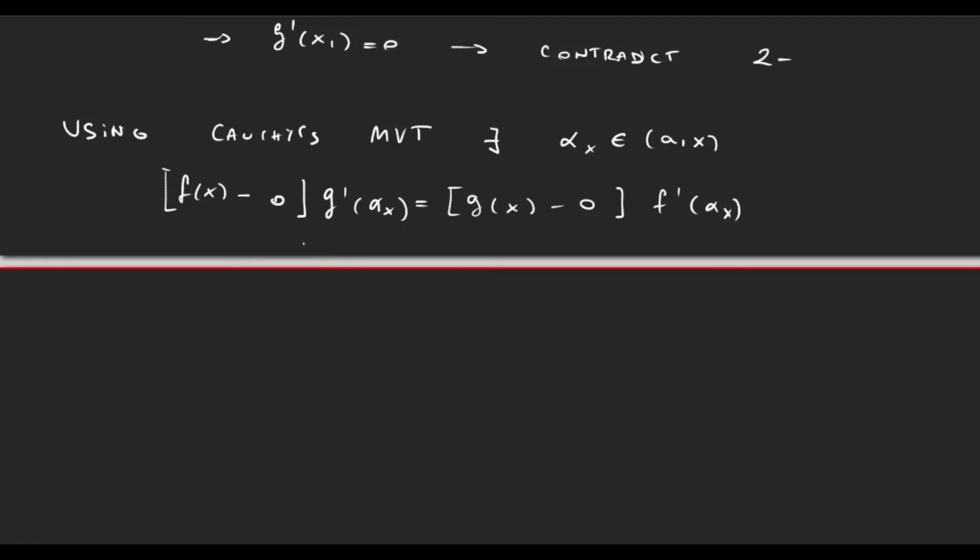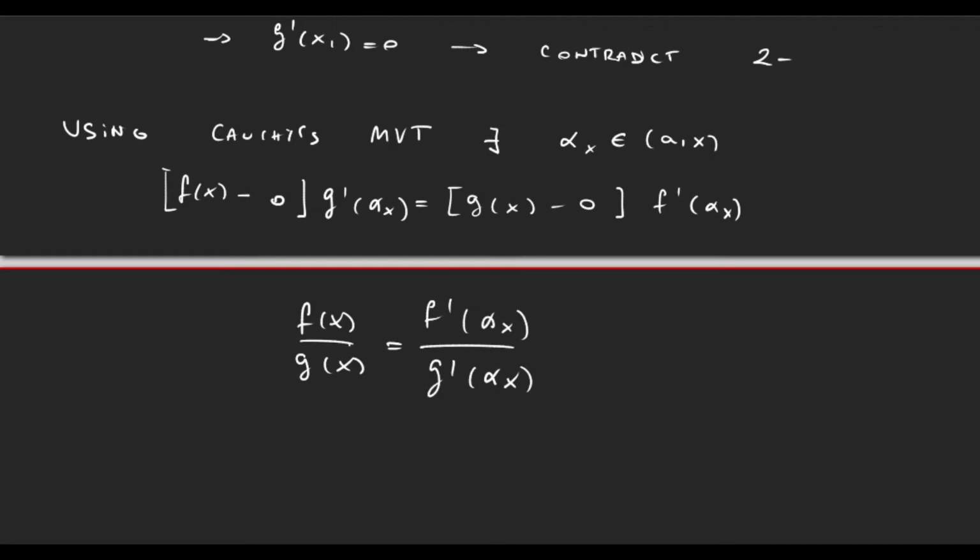This is equal to saying f of x divided by g of x is equal to f prime in alpha x divided by g prime in alpha x.